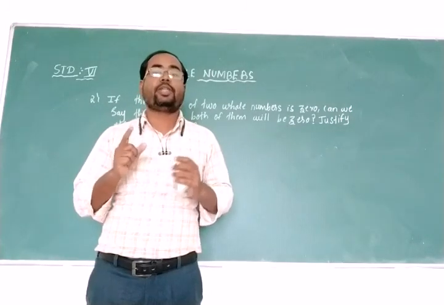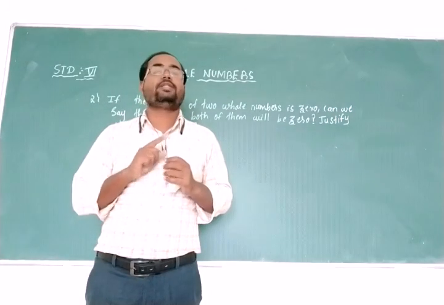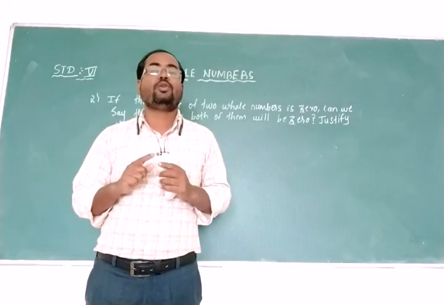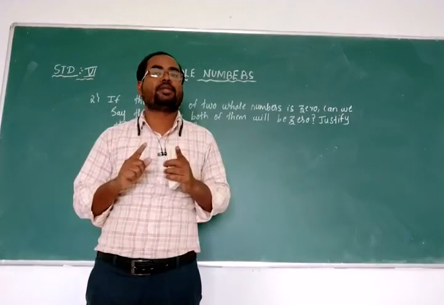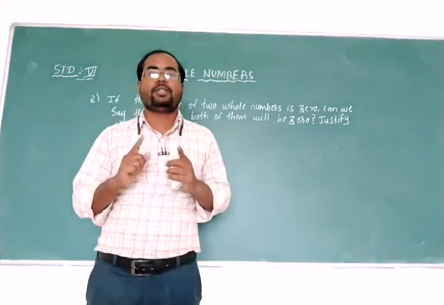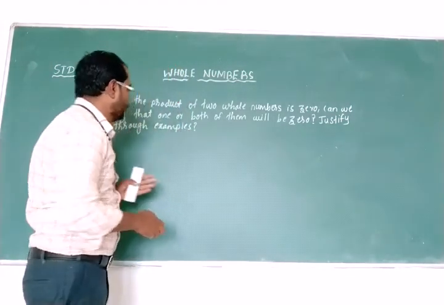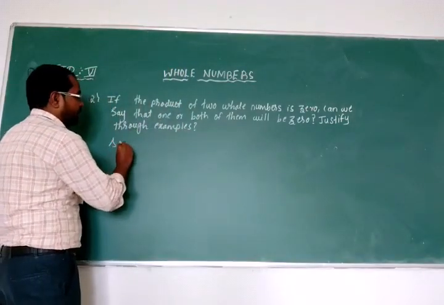Then only we will get 0, or else there is no possibility of getting 0 when you multiply two numbers. So what will be your answer here?